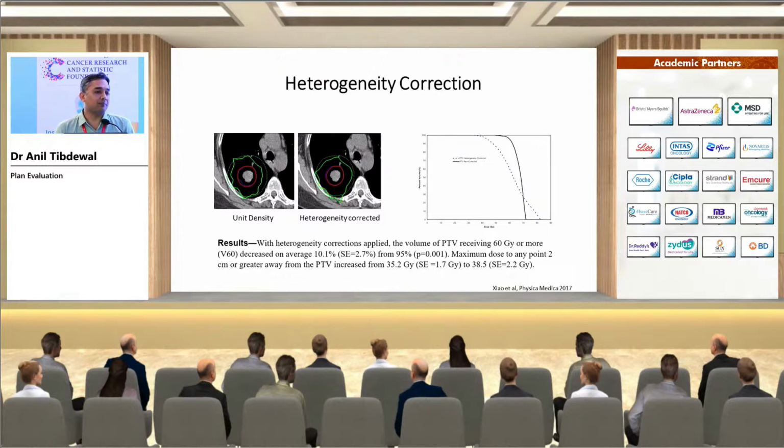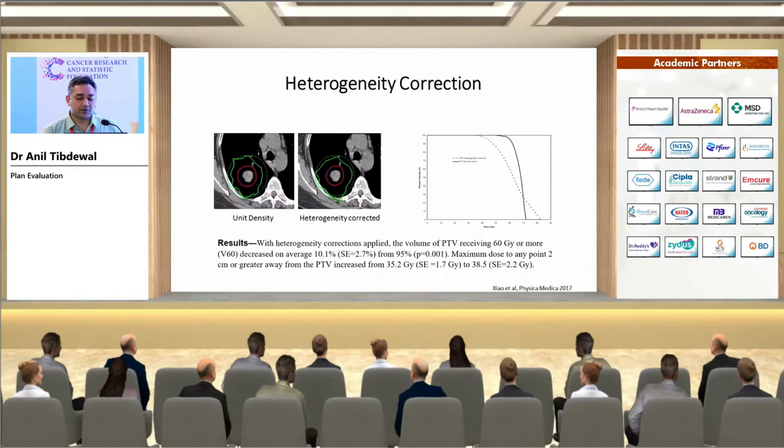So when they retrospectively recalculated the plans from different institutes and applied the tissue heterogeneity correction, you can see the red line, the inside line, is the 100% prescription isodose, the dashed line is the PTV plus 2 centimeter, and the solid green line is the 50% isodose.